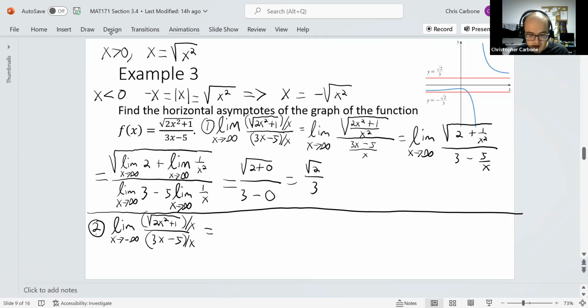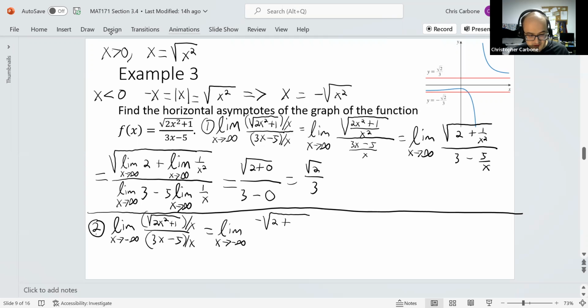So the only slight difference is when we get to this step. It's just a small change on it.